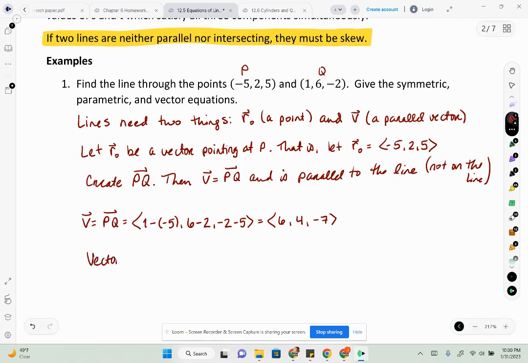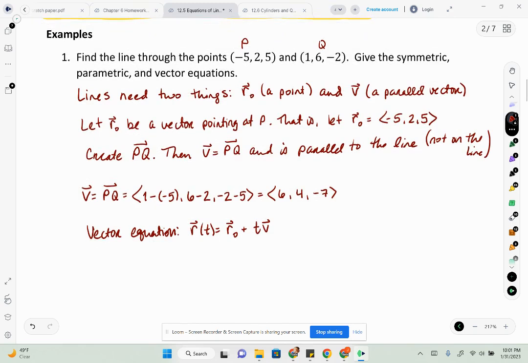My vector equation is going to be R of t is equal to R naught plus tV. And I'm going to pop everything in here. R naught again was -5, 2, 5, plus t times V, which is 6, 4, -7.